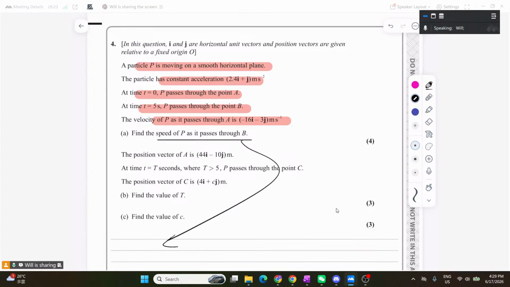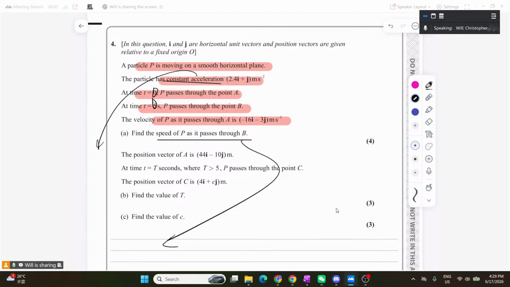But this is a constant acceleration. If we integrate, we can get the constant, right? And then you mean you take the constant into the equation, right?